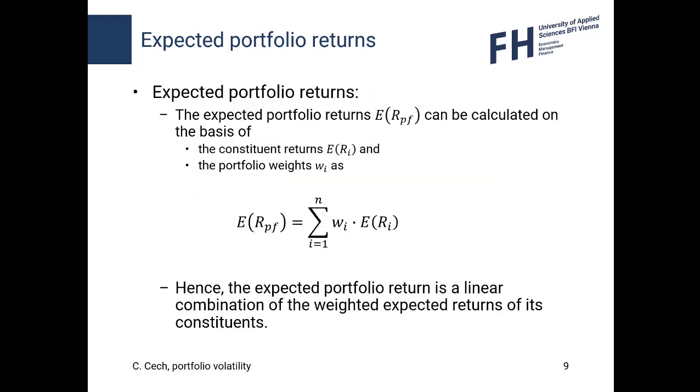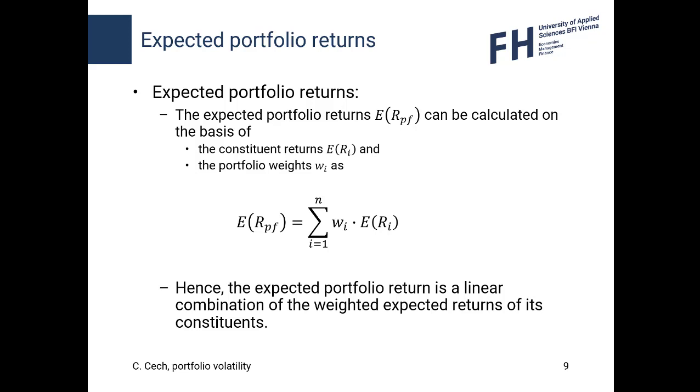Before talking about portfolio volatility, I shortly want to address also the expected portfolio returns. The expected return of a portfolio can be calculated very easily on the basis of the expected returns of each of its constituents and the portfolio weights.